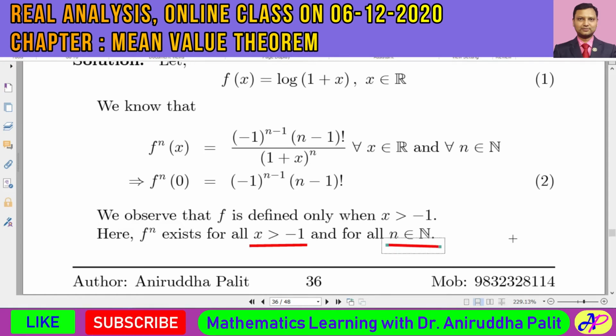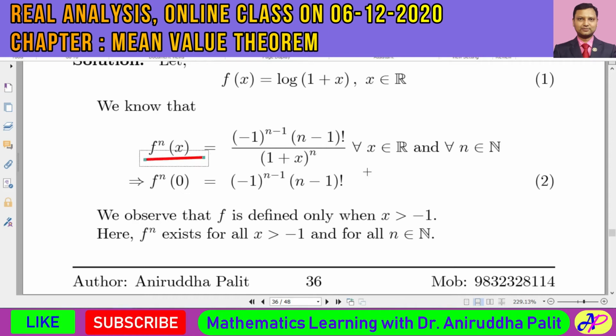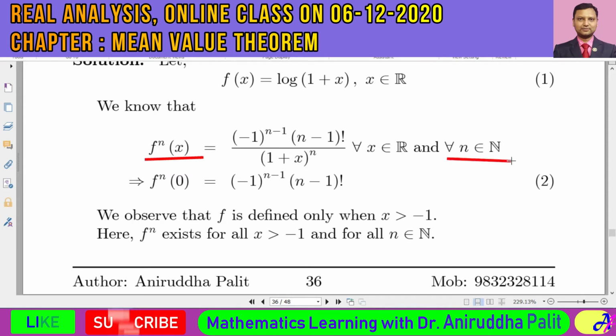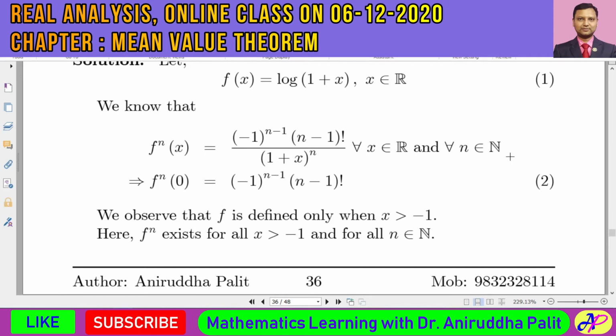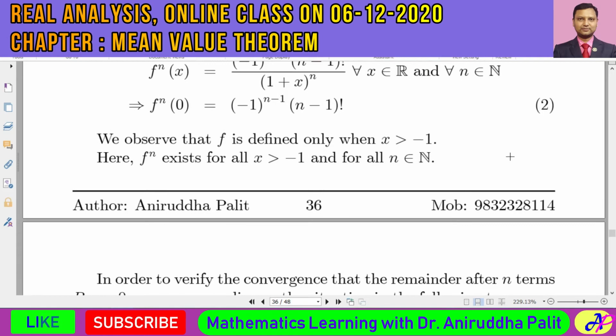So the nth derivative f^n(x) exists for x greater than -1 and for all positive integers n. Therefore, it remains to show that the remainder Rn converges to 0 as n tends to infinity.